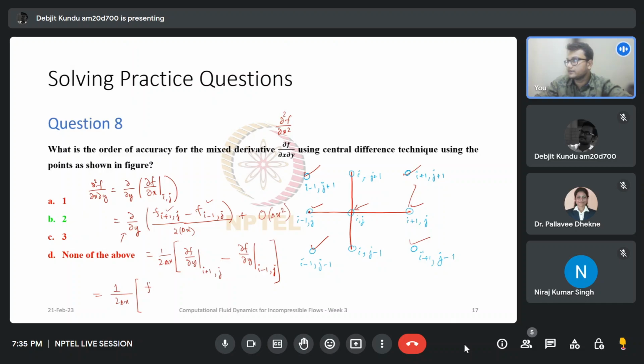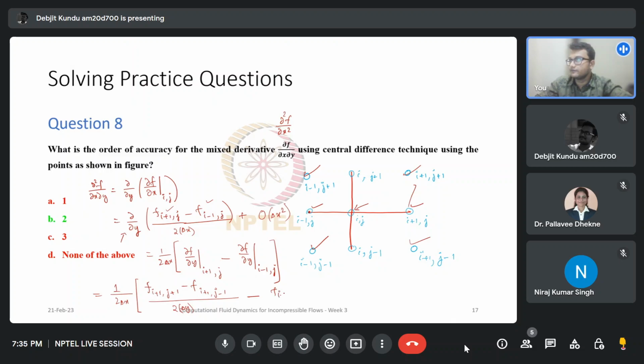So now I'll get f of i plus 1, j plus 1 minus f of i plus 1, j minus 1 divided by 2 delta y. Similarly, here I am evaluating at i minus 1.